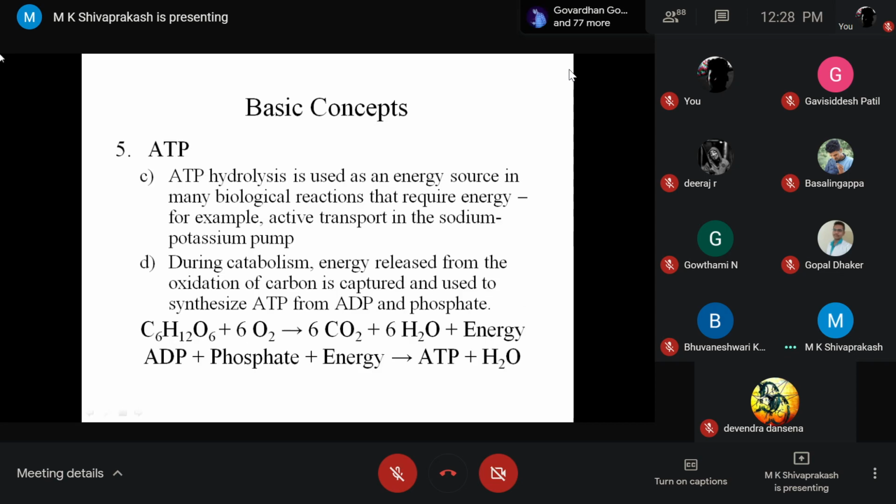ATP hydrolysis is used as an energy source in many biological reactions that require energy, for example active transport in the sodium potassium pump, and varieties of things that you are aware of. And in catabolism, energy released from the oxidation of carbon is captured and used to synthesize ATP from ADP and phosphate. How it happens is given here in the form of a chemical reaction.